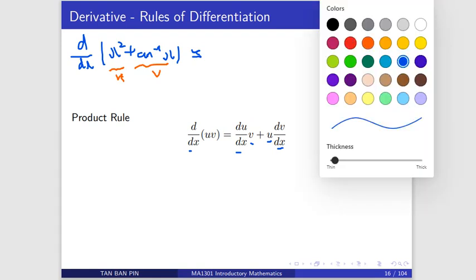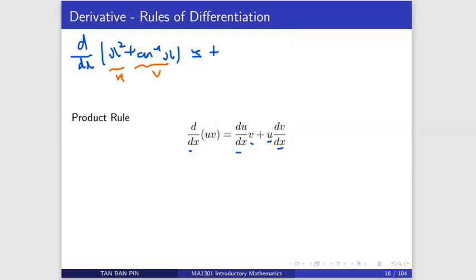That means you keep tangent inverse x, then you differentiate x squared, so it's d/dx of x squared. And then next you keep x squared and you differentiate tangent inverse x.